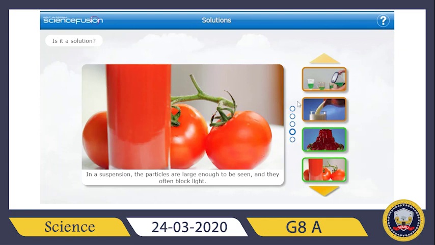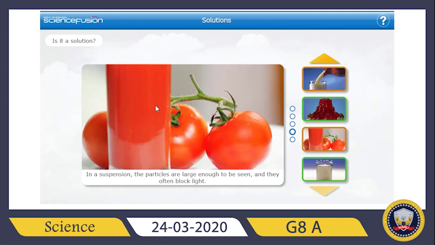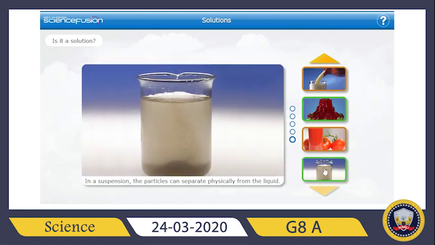So they are different from colloids also, and sometimes we can separate these particles with a filter paper. For example, in this suspension they can be separated physically from the liquid. Here it is probably a suspension of sand and water.